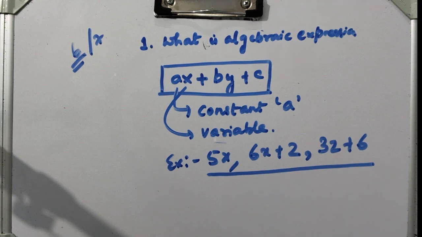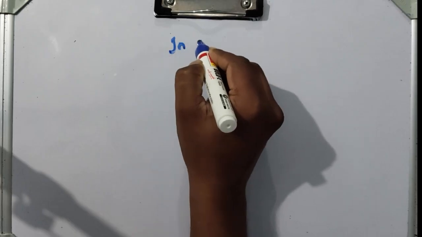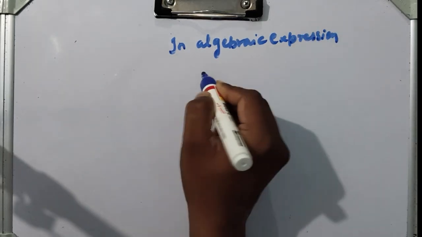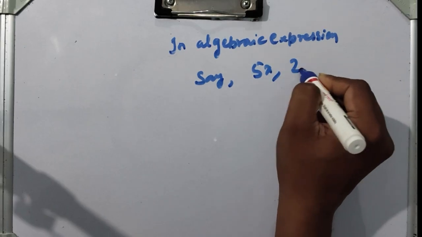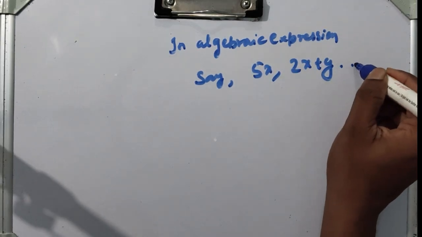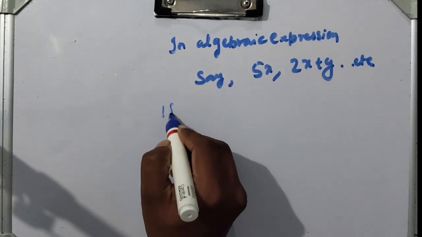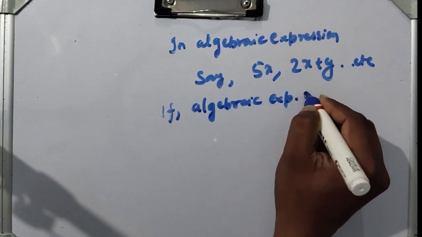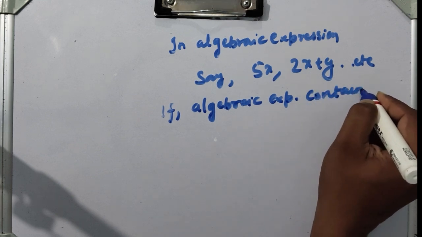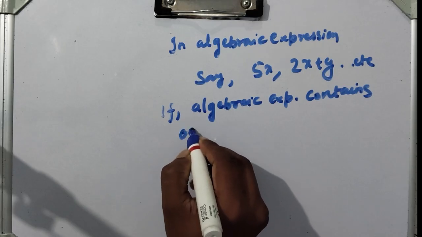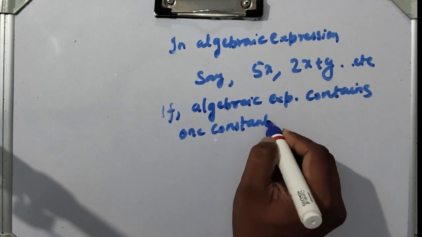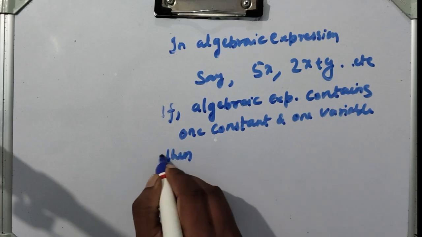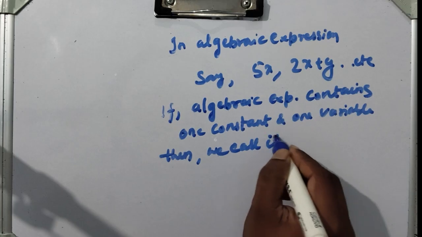now coming to, in algebraic expression, say 5x or 2x plus y, etc. If an algebraic expression contains one constant and one variable, then we call it monomial.